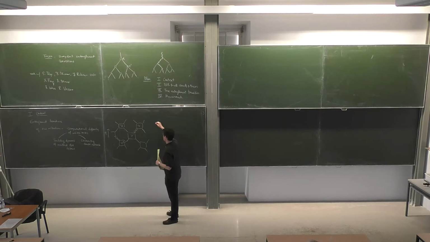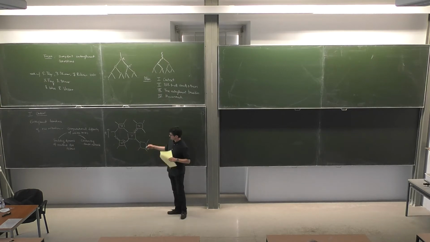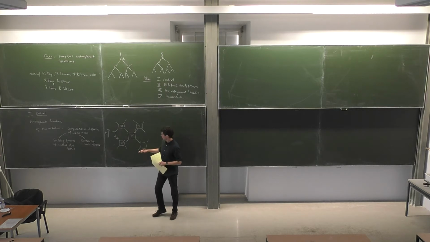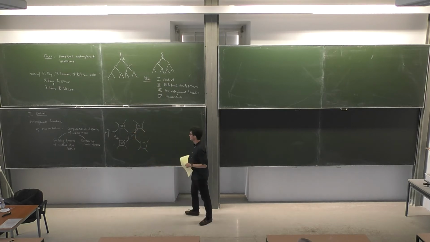And the kind of questions we could ask are, after evolving an initial state for a very long time, is the final state that comes out volume law entangled or area law entangled? Or we could ask, does the final state retain quantum information from the initial state? And these all basically boil down to questions about the structure of this tensor network.